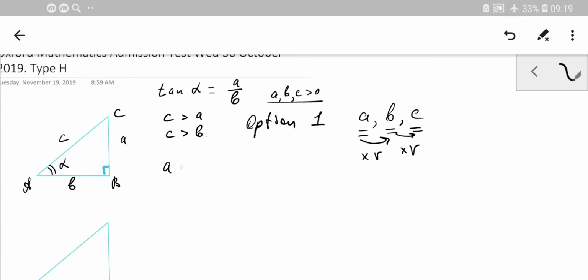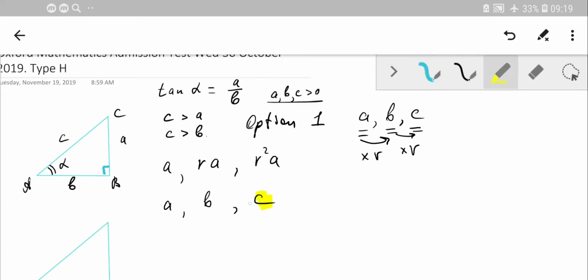We have A, B is simply r times A, and C is simply r squared times A, for sides A, B, and C correspondingly. That's the first option. This is the order, increasing in order, and we figure out how they are connected through the common ratio.